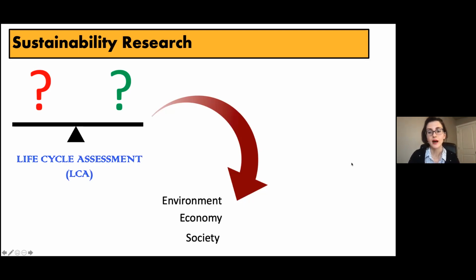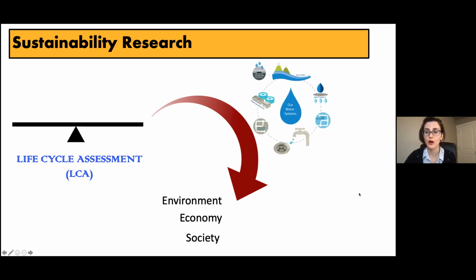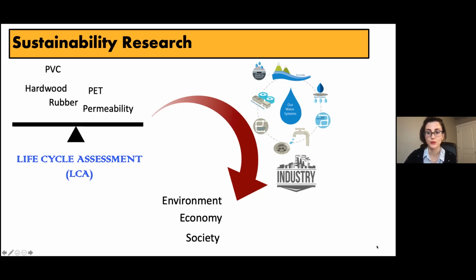And so far, I have applied this form of analysis to analyze water management systems, such as stormwater harvesting systems for green buildings. I have also applied these analyses in collaborations with industry in designing manufacturing of a wide range of products from construction materials to agro-industrial waste.